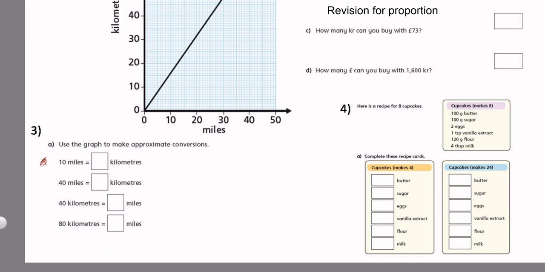So you locate 10 miles, which is right there, and then draw a straight line. You hit the graph, turn left. So 10 miles, it looks like it's 10, 11, 12, 13, 14, 15, 16 kilometers.